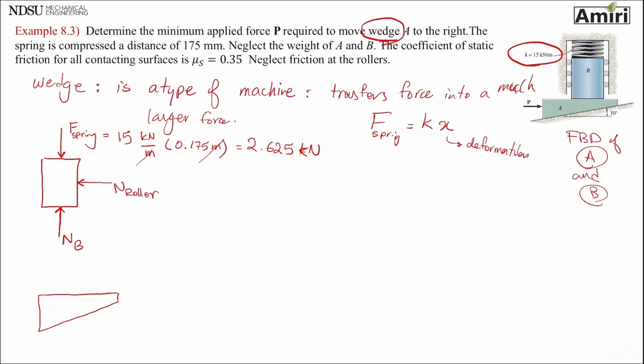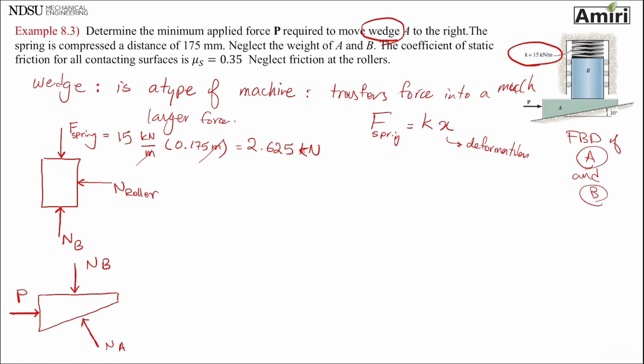Active force, force P. And then there are two contacts. There is one between the wedge and lower surface, and there is one between the cylinder B. Let's call this one normal force A. The other one is going to be normal force B.